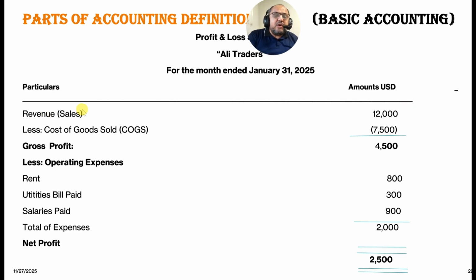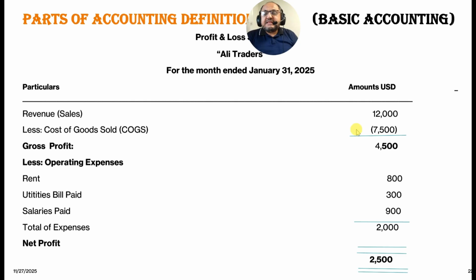The revenue of Ali Traders at the end of the first month, at the end of January or February, was $12,000. That was their gross, their total sales. The amount for the assets they sold and the cash that came was $12,000.